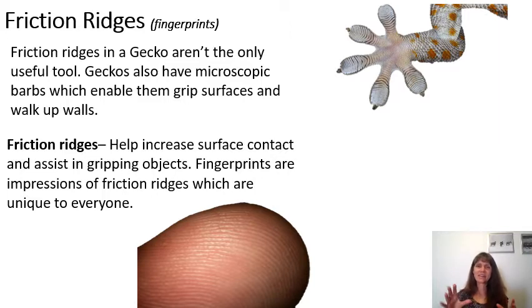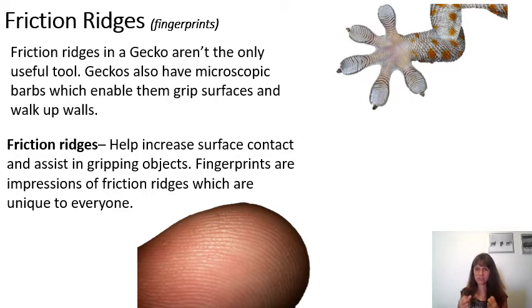And geckos, if you've ever had one or seen one, they also have little barbs that enable them to grab surfaces so that they can walk up walls. Our friction ridges in our skin help to increase surface area, and that allows us to grip things more easily. And the fingerprints, again, are just the impressions of friction ridges.